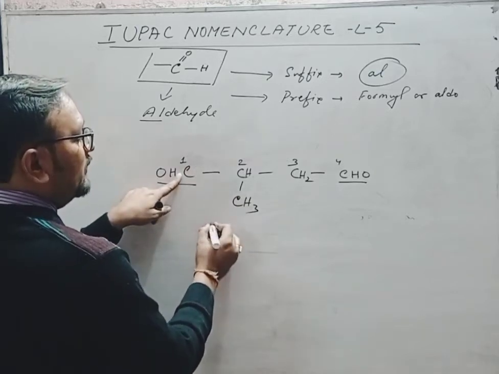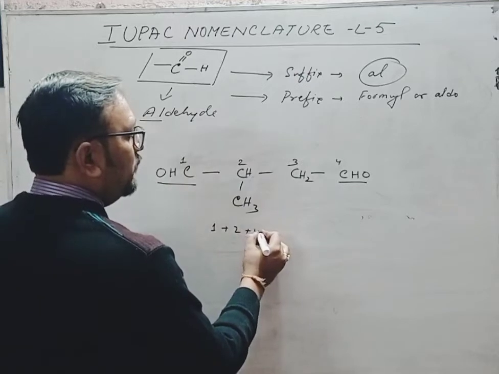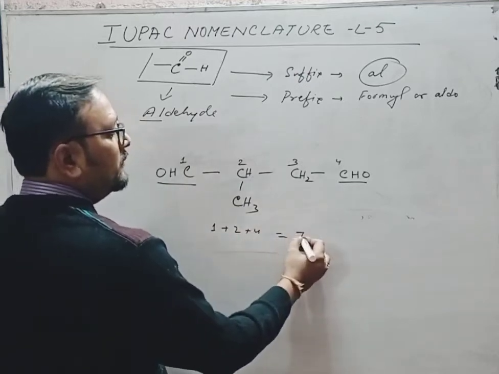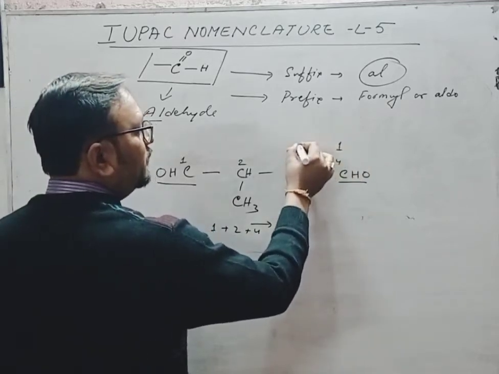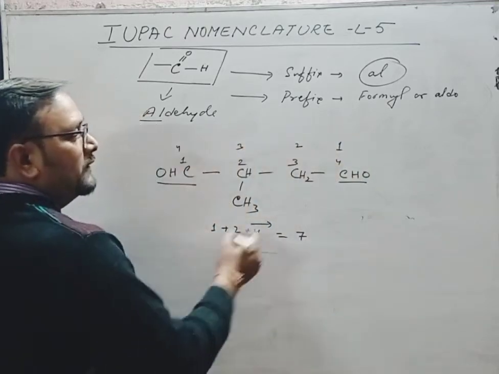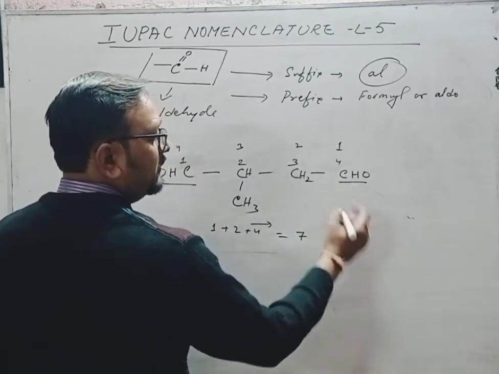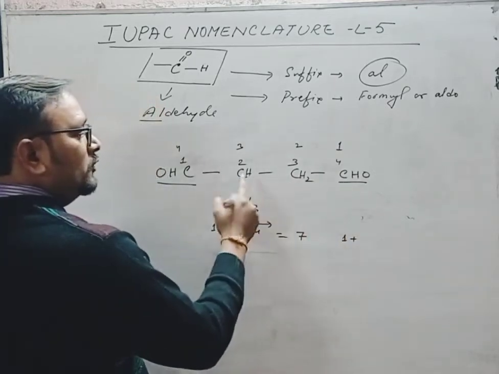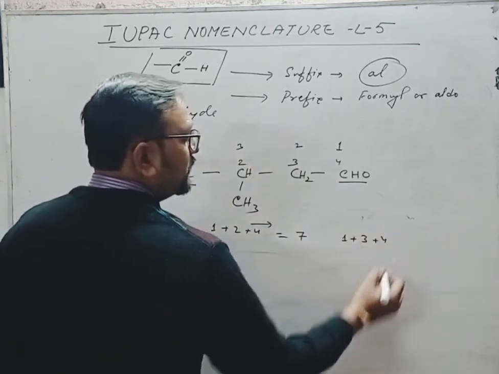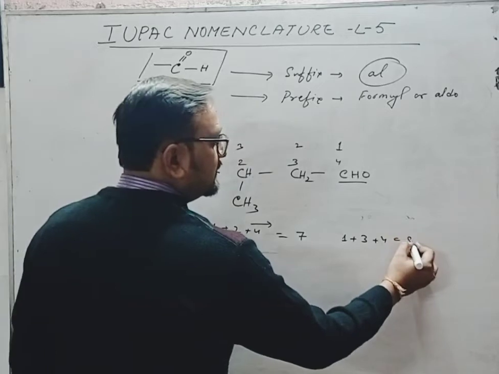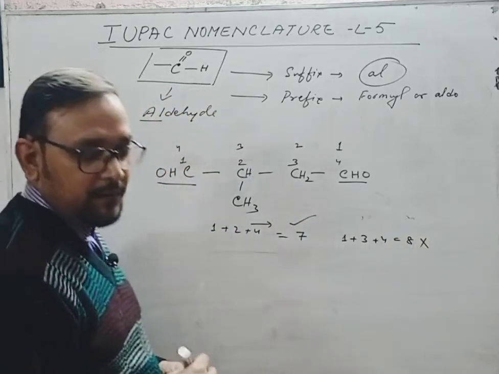If I add the locants here, 1 plus 2 plus 4, it is coming to 7 from this direction. But imagine you had numbered from this side. Then 1 is in the first position, plus 3 plus 4, so it is coming to 8. So we cannot go for the maximum value; rather we will go for the minimum value.